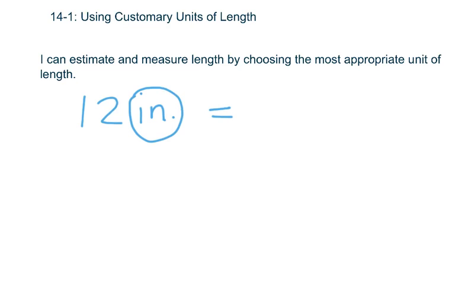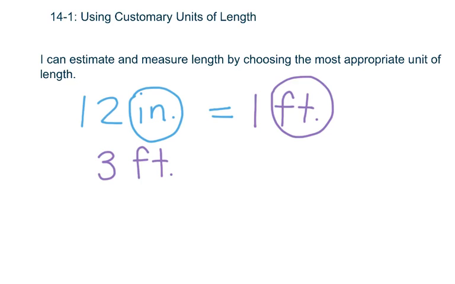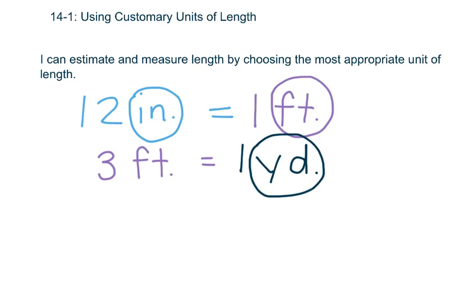So there are 12 inches in 1 foot. Again, if you want to abbreviate and you don't want to write out the whole word foot or feet, you can do FT, period. There are 3 feet in 1 yard. Notice the abbreviation for yard is YD, period.